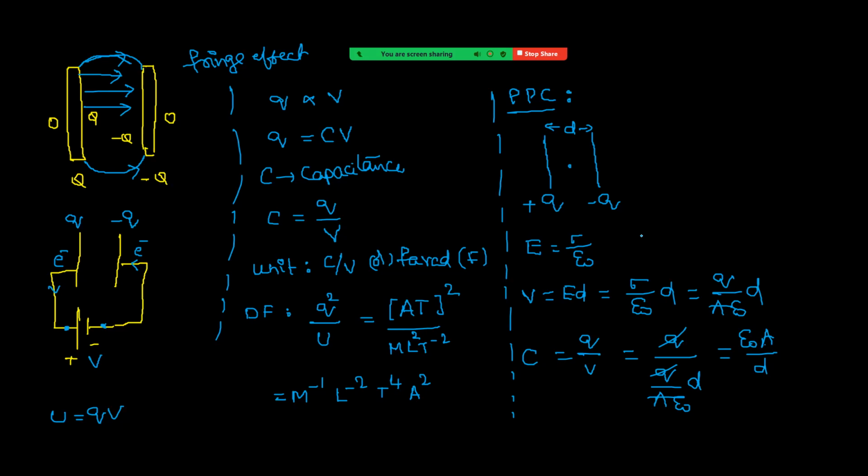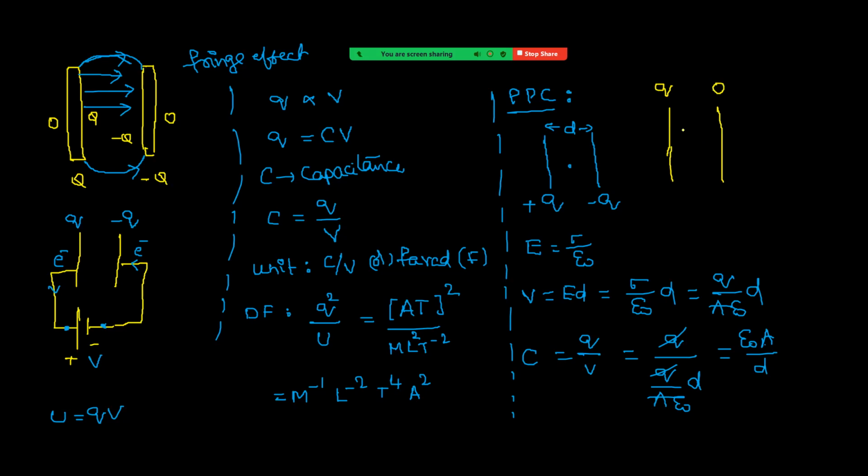Okay. Next, see carefully here. We have taken one plate plus Q, other plate minus Q. In fact, we can take like this also. Instead of giving plus Q minus Q, charge Q is given to one plate, other plate no charge is given.